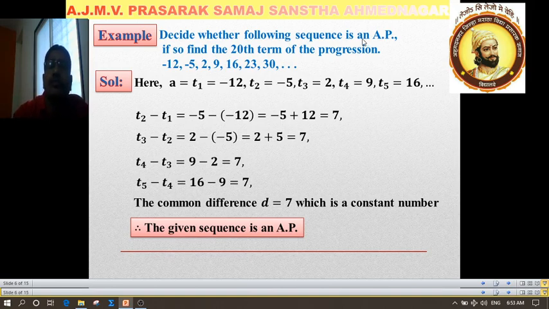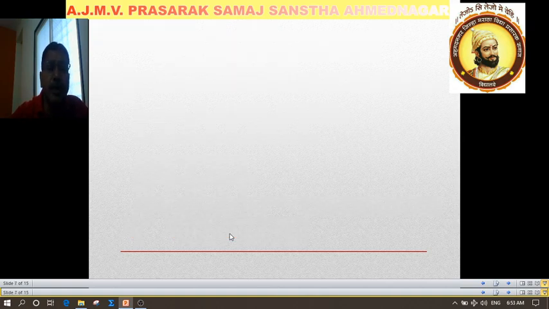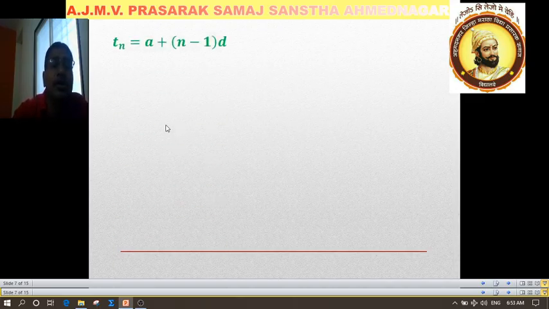So we get the answer to the first question. Now we have to find the 20th term of this arithmetic progression. The 20th term means n is equal to 20, and we know the formula for the nth term: Tn is equal to a plus n minus 1 times d.